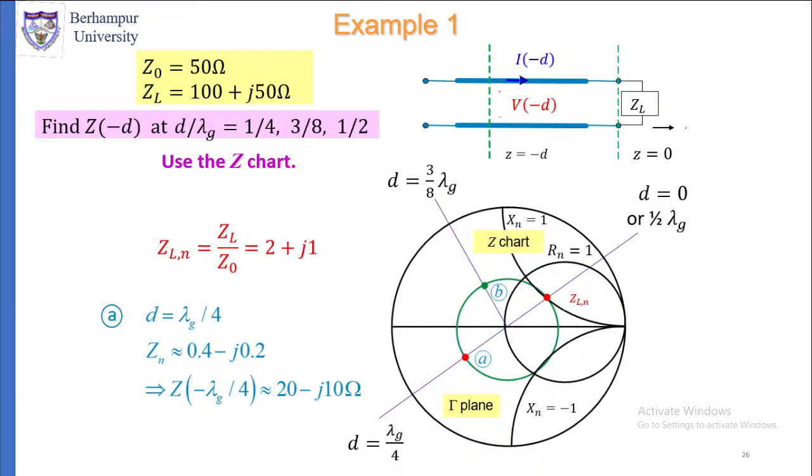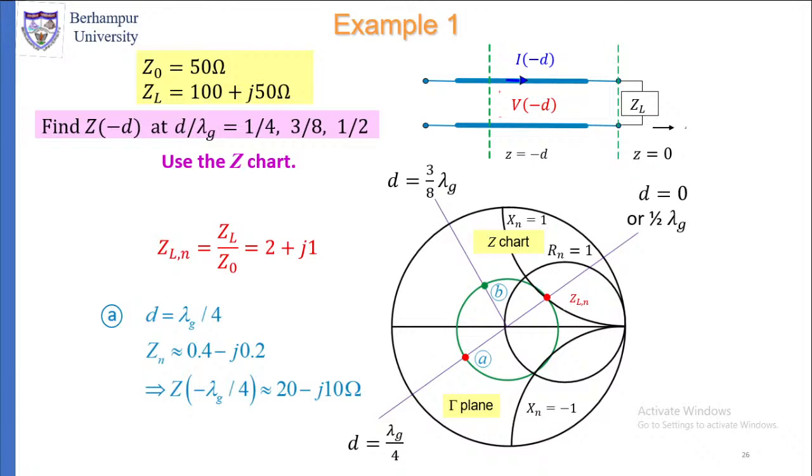And if you look at the arc passing through that circle, for that arc Xn is equal to 1. So that is our ZLN, the normalized impedance point on this Smith chart. So first locate the normalized impedance point.